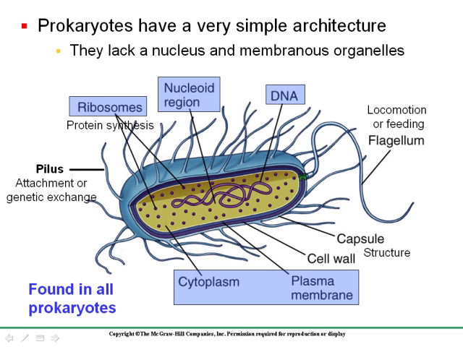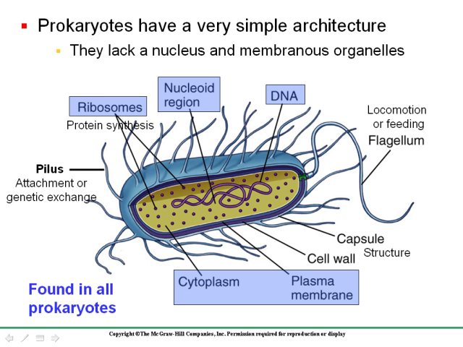Instead, it is found in what's called the nucleoid region. And notice that you have one single chromosome rather than several chromosomes. You also have several ribosomes floating within the cytoplasm. And these ribosomes are extremely important. They're important specifically for protein synthesis.